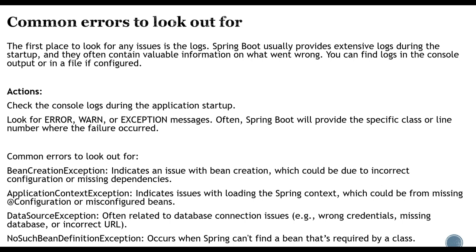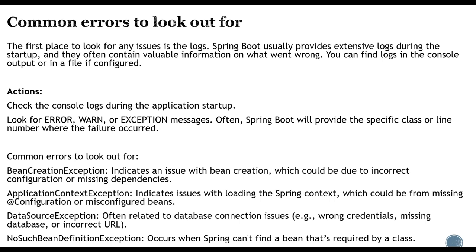You can find logs in the console output or in a file, if it has been configured. So check the configuration for where these logs are getting generated, and check the log levels set in your application. Check the console logs during your application startup, and you'll get all those details and the stack trace.